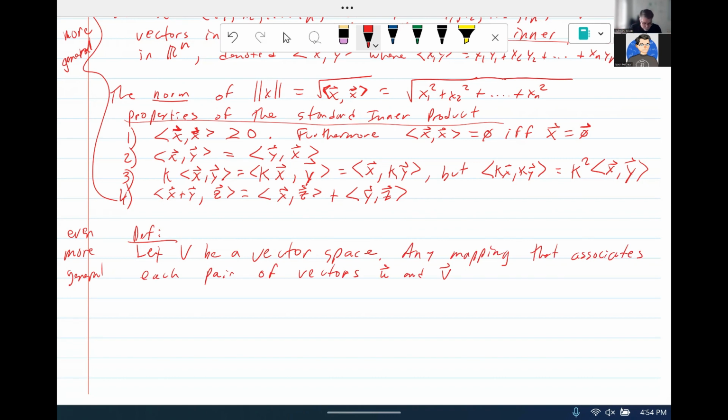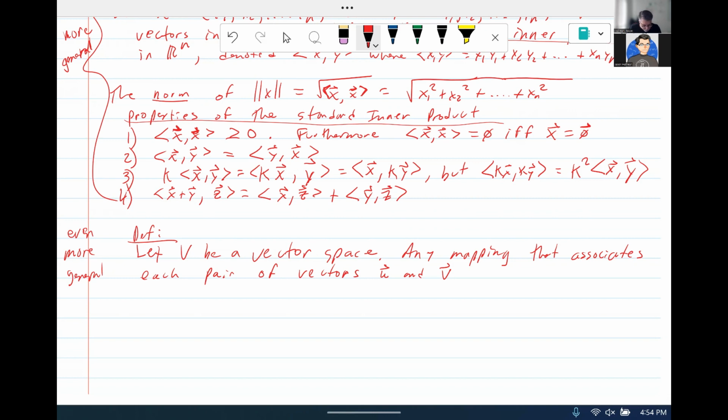so way more general than just taking R sub n. This could be a bunch of other things, all the vector spaces that we've talked about before.